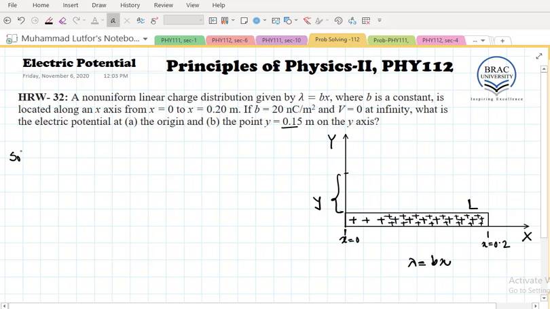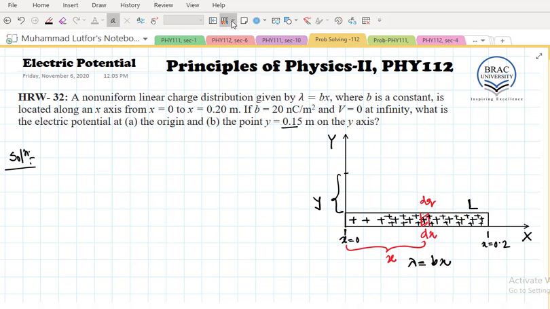To solve this, the idea is that we first choose a differential element of the rod. The charge of this differential element is dq, its length is dx, and its distance from the origin is x.